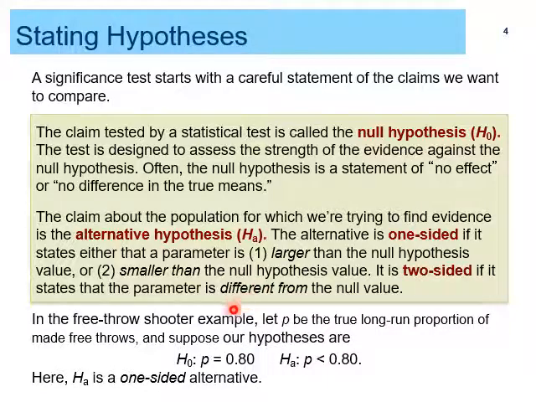In the free throw shooter example, let P be the true long-run proportion of made free throws, and suppose our hypotheses are H0: the proportion is equal to 0.80, and the alternative hypothesis states the proportion is less than 0.80. So our alternative hypothesis is a one-sided hypothesis. What we are saying about the one-sided alternative, we will understand in later slides.